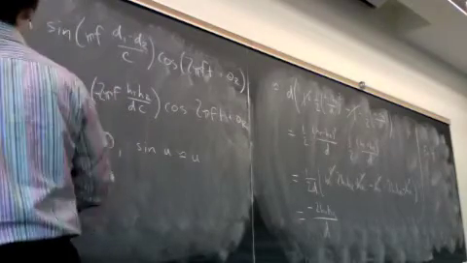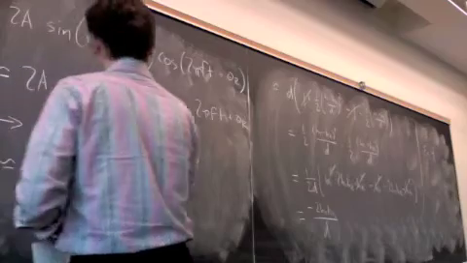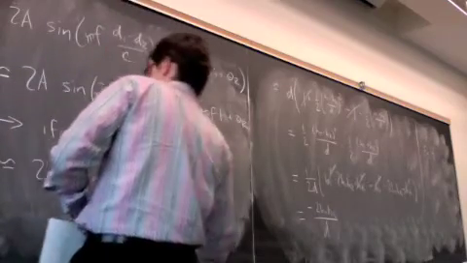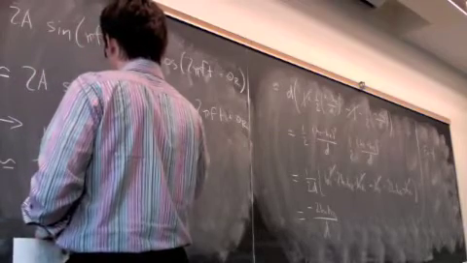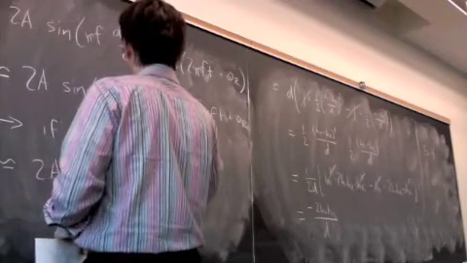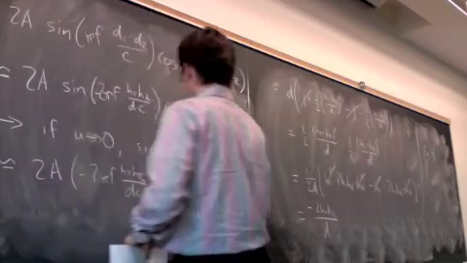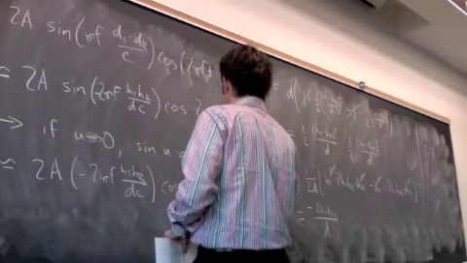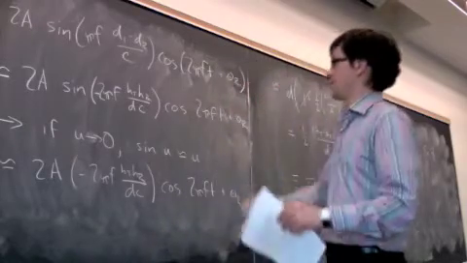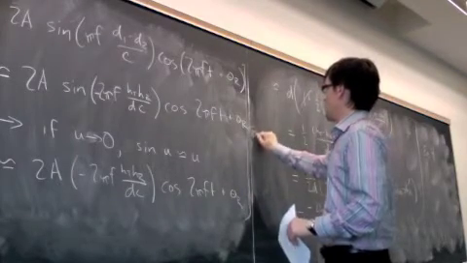So this expression is approximately equal to 2A, excuse me, I dropped the sign, minus 2 pi f ht hr over dc, times cos(2 pi f t plus theta r). And this derivation is equation 5.